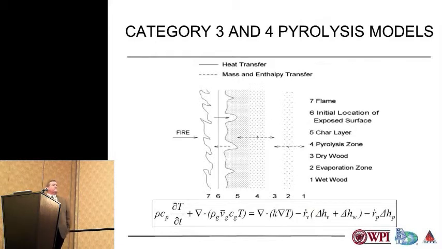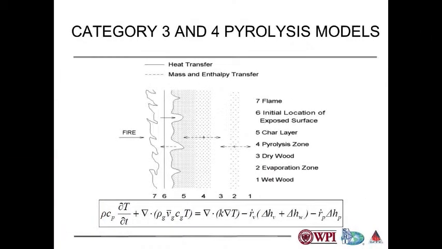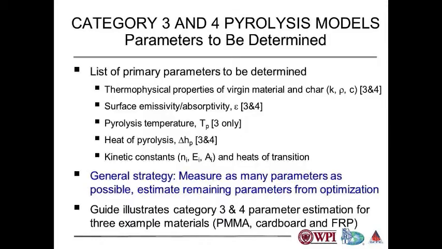Category 3 and 4 models involve these complex heat transfer calculations, and the difference between the two, as I explained, is in the assumptions of infinitely fast versus finite pyrolysis kinetics. The properties that need to be determined are listed here.